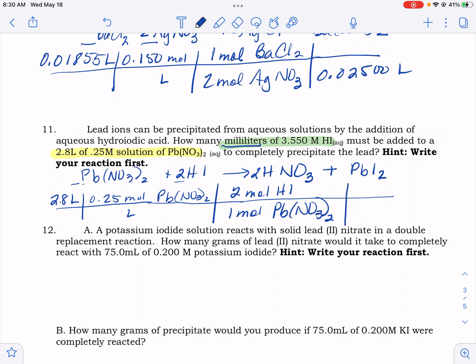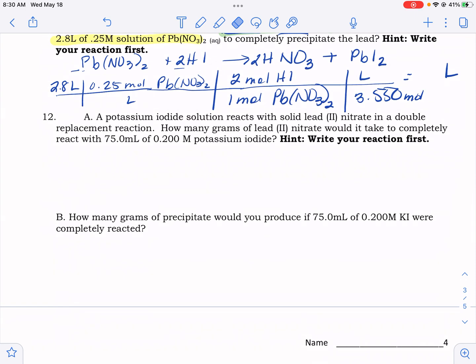So to find volume, we have to divide by the molarity. That's going to give you an answer in liters, and it's asking for milliliters. So then you would just multiply by 1,000 to go to milliliters. No, multiply. I was right. Okay. Although I can read either one.